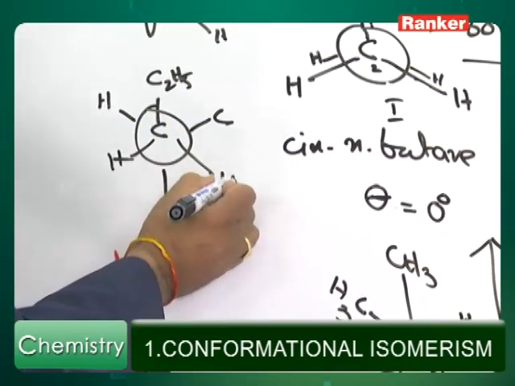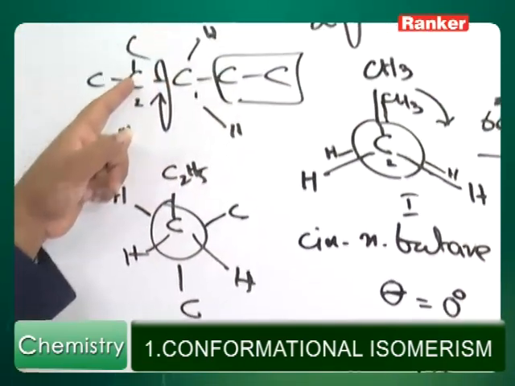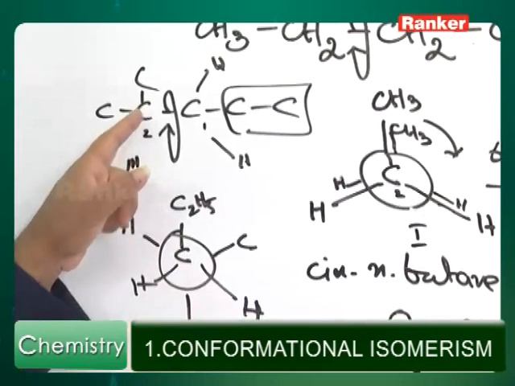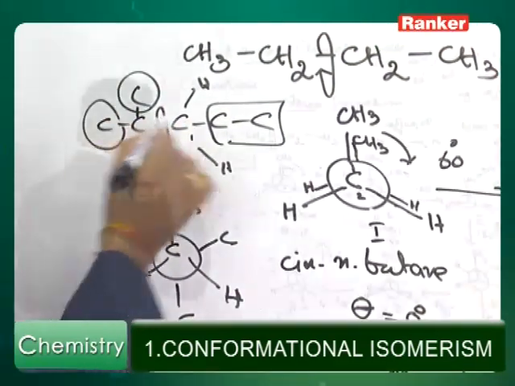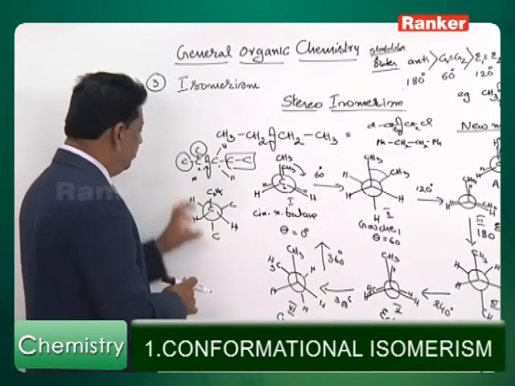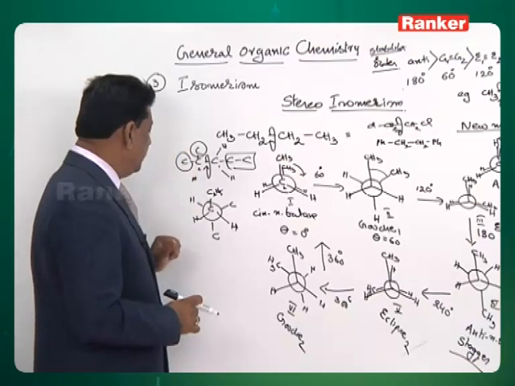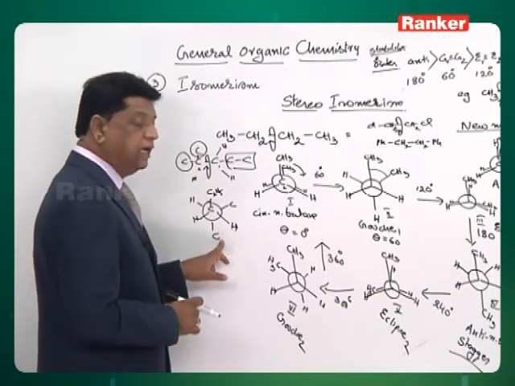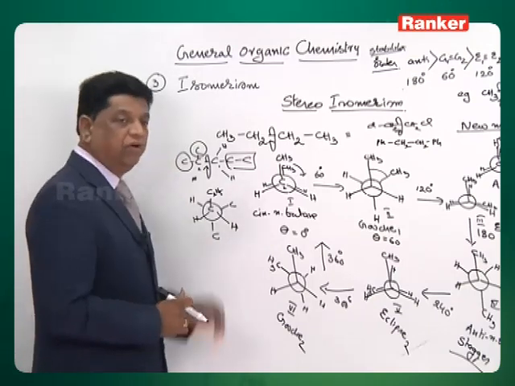Now these two are nothing but the same compounds. I am rotating between these 2 carbons, taken as the first carbon and the second carbon. This group is the ethyl, this is the methyl, this is the methyl and ethyl. So this is one of the conformational structures of this compound. Instead of 1 methyl, if I put ethyl, the formula will have 1 more carbon extra, so this is no more a conformer of that one.